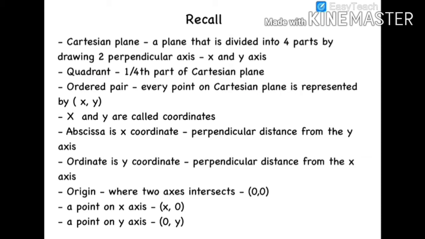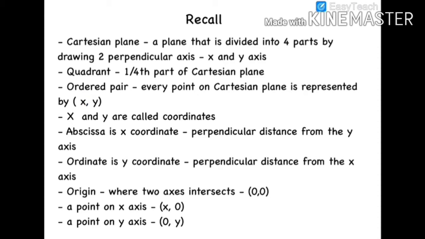Every point on this Cartesian plane is represented by an ordered pair, which is written as x, y enclosed in a bracket. The order of these 2 numbers inside the bracket is important in describing the position of the point, and that is why we call it as ordered pair.